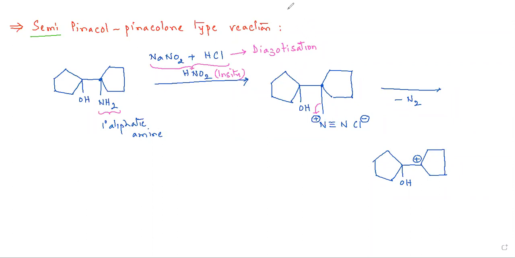Now just go for ring expansion again. Even this 5-membered ring has angle strain. Next. Okay. Then the 5-membered ring.